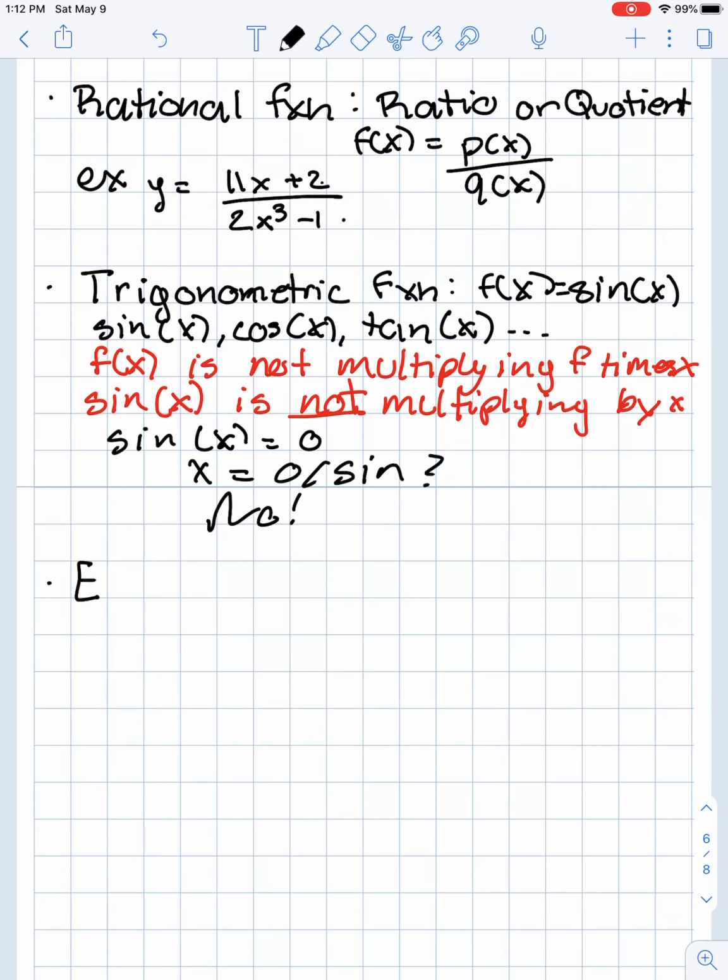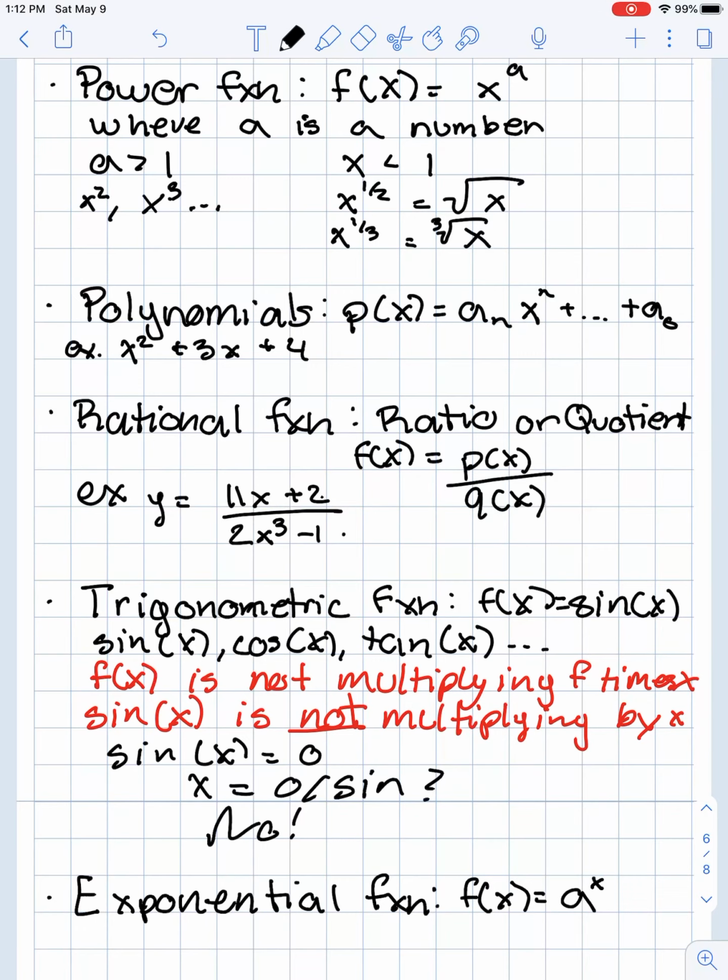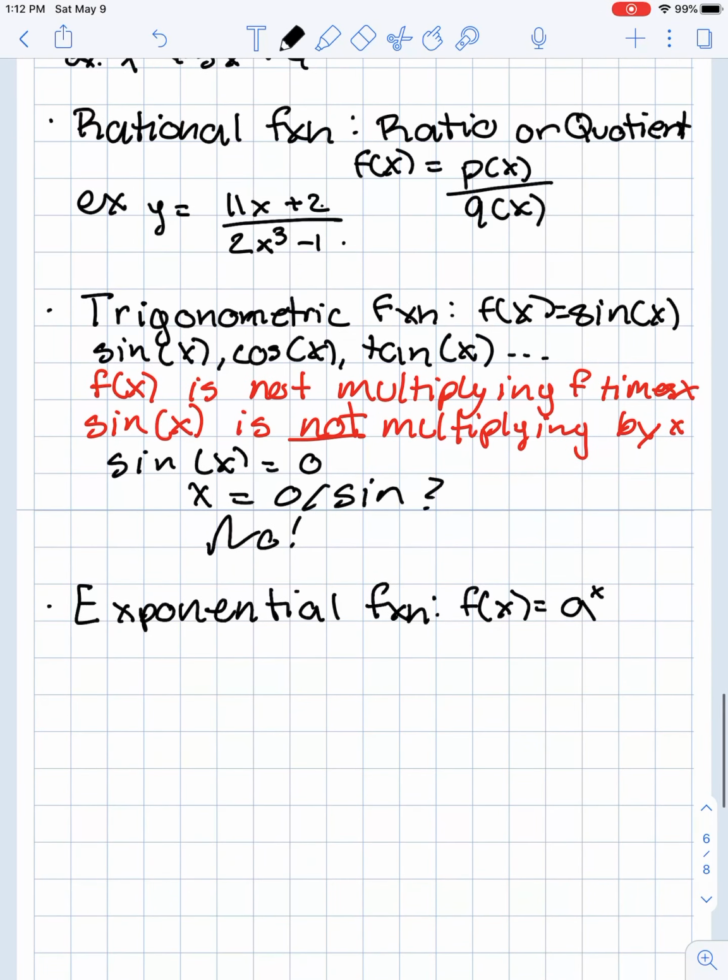Another fun family of functions are the exponentials. Right, so those are going to look like a to the x. Well, aren't those just power functions? Let's scroll up and compare. I had x raised to the a here, so x raised to a number.